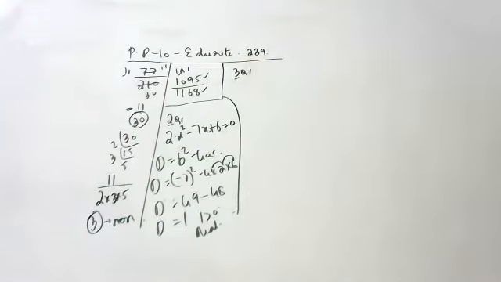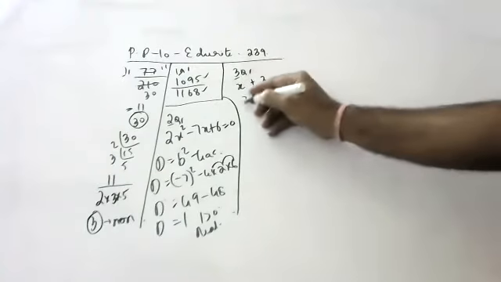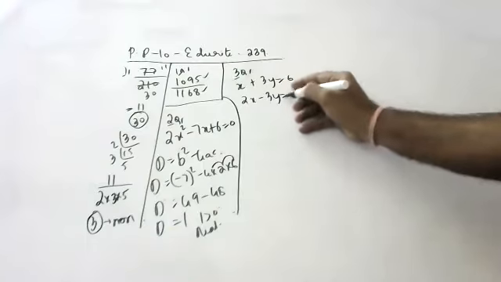Go to the third question. Check whether the pair of linear equations is consistent or inconsistent: x plus 3y is equal to 6 and 2x minus 3y is equal to 2.